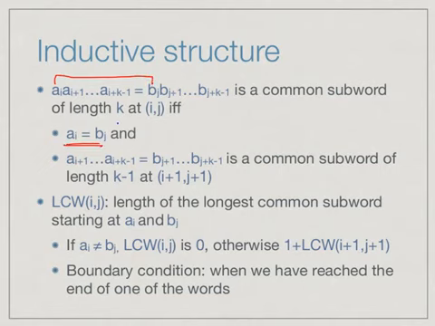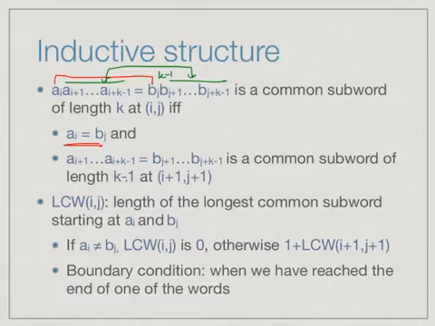And now if this is a common subword of length k at ij, then what remains of the subword, namely this segment from i plus 1 to this and j plus 1 to this, must also match, and they must in turn be a k minus 1 length subword from here to there. So we want to say that there is a k length subword starting at ij if a_i is equal to b_j, and from i plus 1 and j plus 1 there is a k minus 1 length subword.